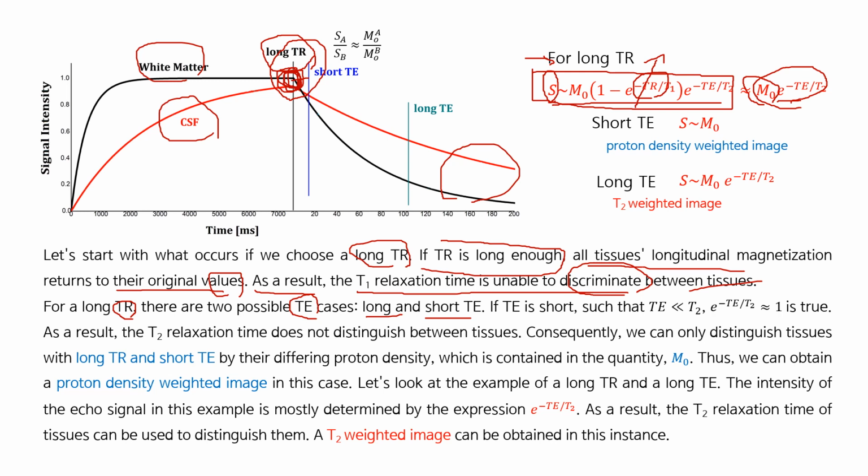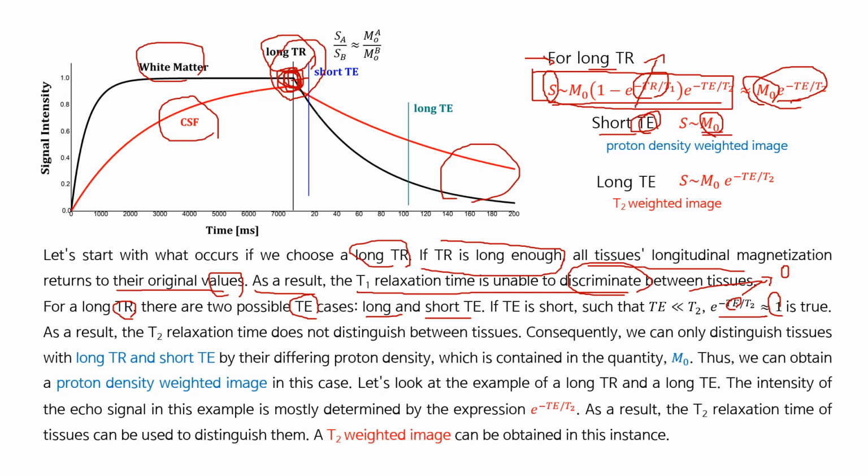So in short TE, here we can put TE as 0, right? Short, because it's short, so we can put 0. Then this term will become 1. Okay. So for long TR and short TE, this term also becomes 1. So we have the signal intensity M0, just M0.